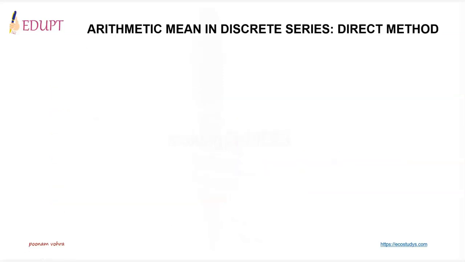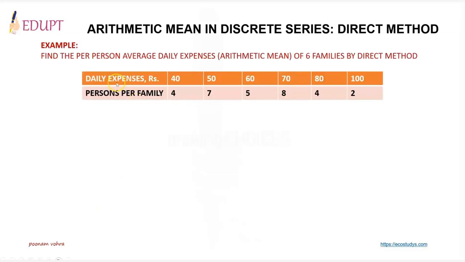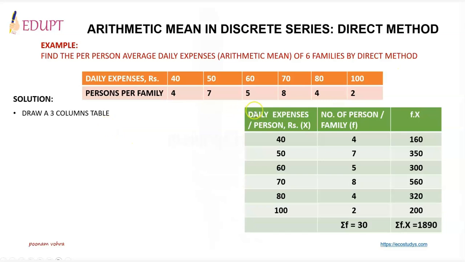Let us understand how arithmetic mean is calculated by direct method through a numerical example. This example is about the daily expenses given in rupees and persons per family. The question is to find out average daily expenses per person of 6 families by direct method. So let's go by the steps. You need to draw 3 columns.